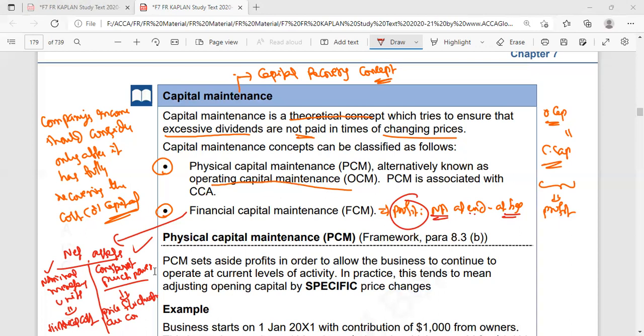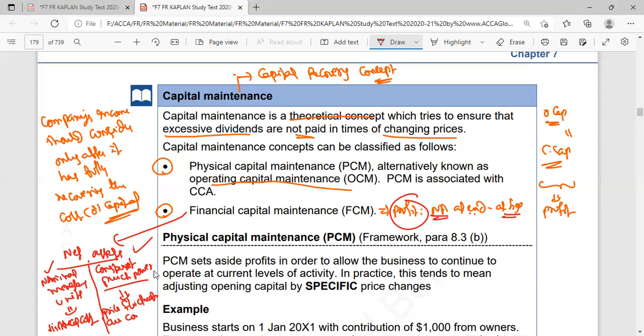So if productive or operating capacity at the end of the period exceeds the capacity available at the beginning of the period, then the difference is treated as what?